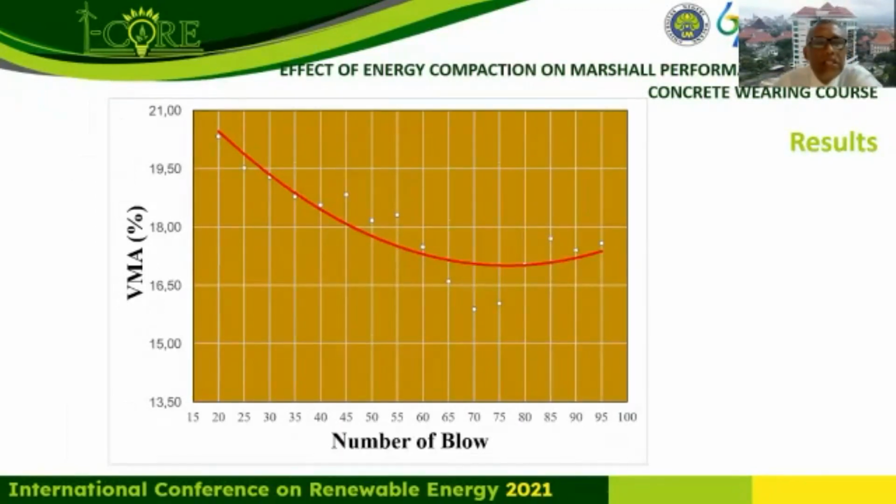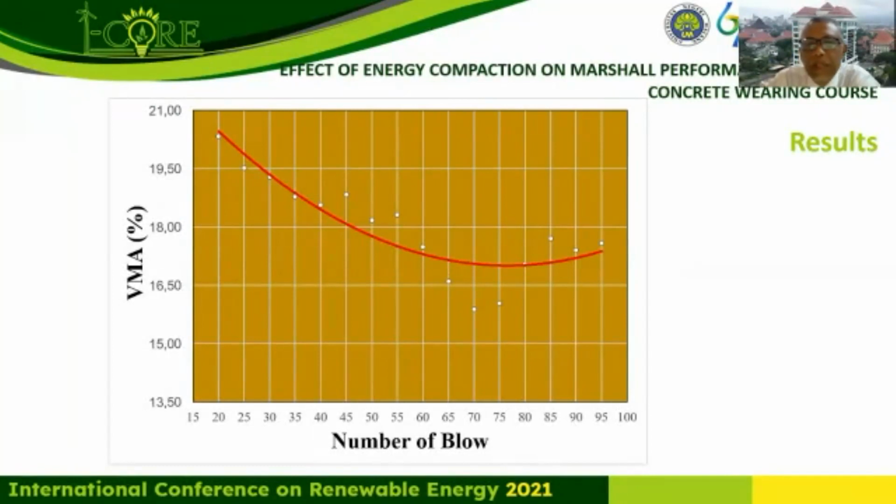And then this is the data of VMA, void in mineral aggregate. The relationship between VMA and number of blows also shows a decrease from 20 blows until 95, with the extreme point at 70.